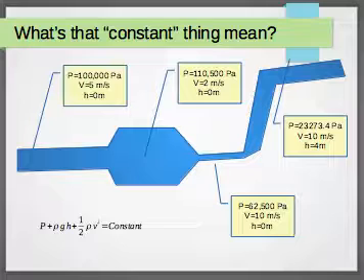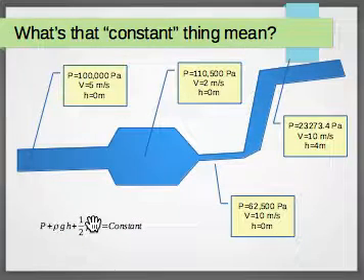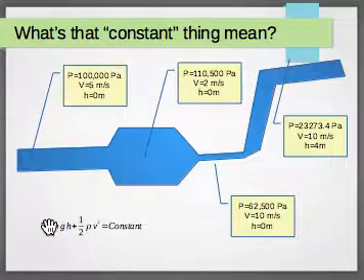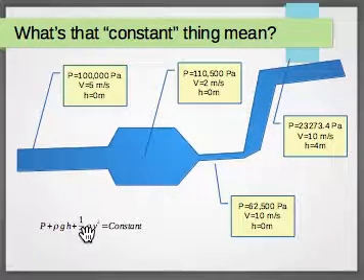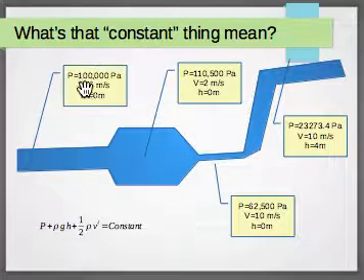So the idea, guys, to understand the constant part of the equation is the following. If you plug these values of pressure, velocity, and height into Bernoulli's principle equation, you're going to get a value. For example, if I put 100,000 pascals right here, and the density, of course, this is water, let's assume, so you put 1,000, and then g 9.81, and then the height, of course, is going to be 0, and then 1/2 times the density again times the velocity, which is this.